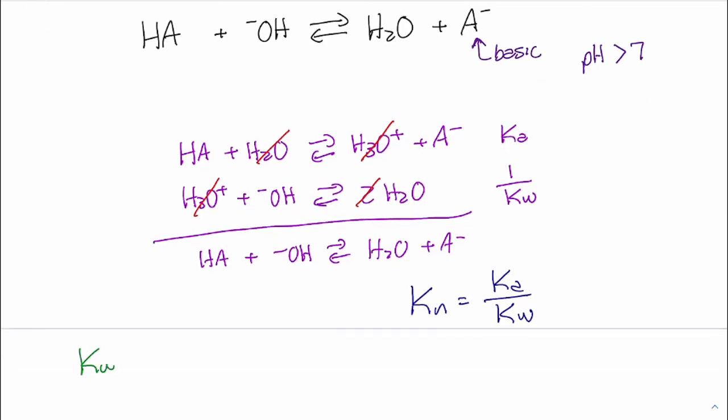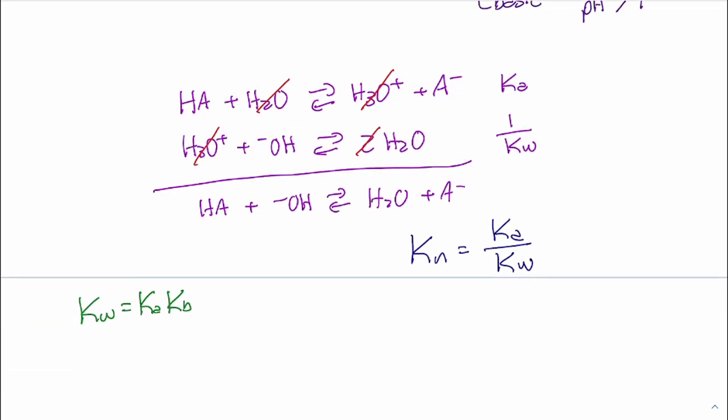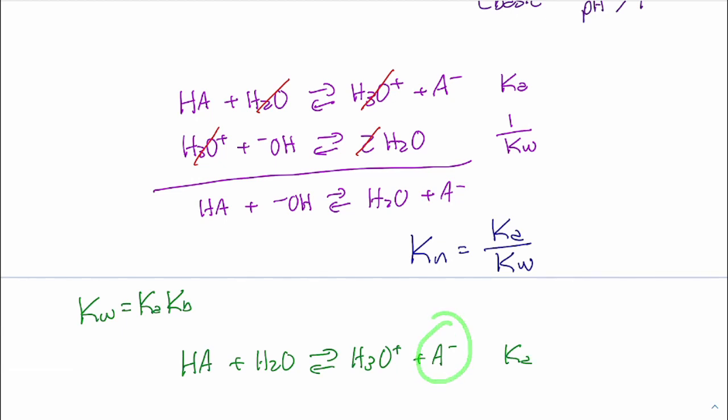So we had the relationship between Kw, and we said that was equal to Ka times Kb. Where that comes from, if I was to take a weak acid and react it with water, I'm just writing my acid dissociation equilibrium equation, defined by Ka. And then remember the conjugate base here is basic, so I'm going to write a base dissociation equilibrium equation, something we've written quite a few times already.